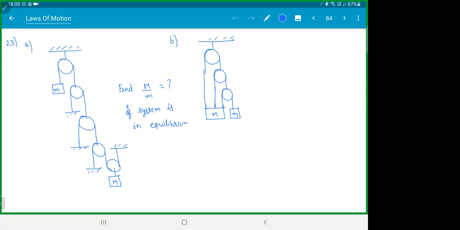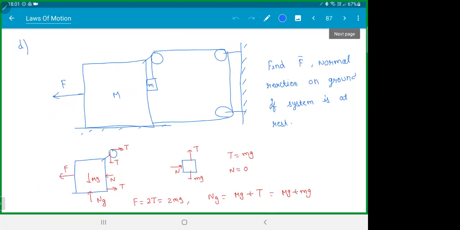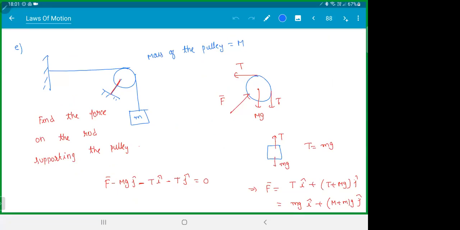So the last thing we did was this problem. We are finding equilibrium problems. Okay. Next thing.